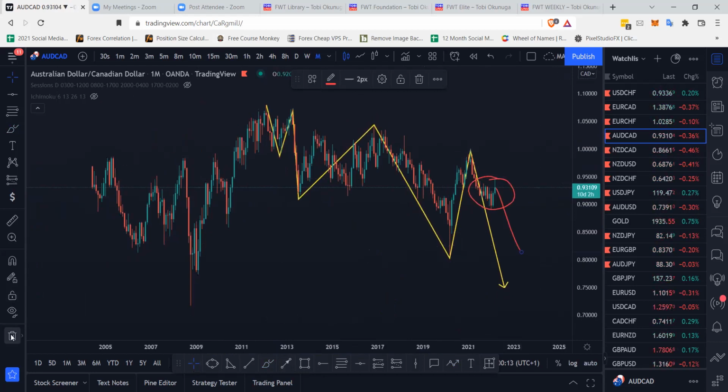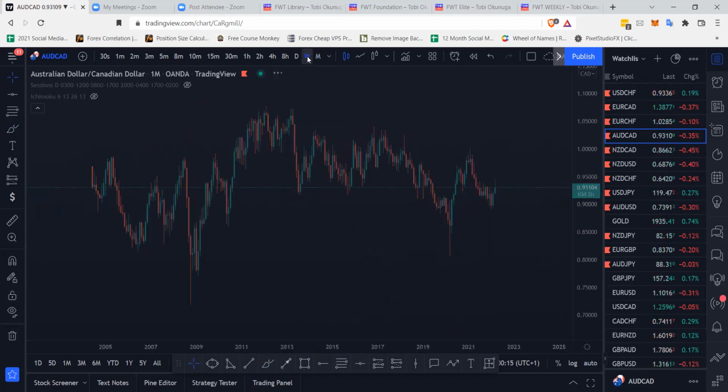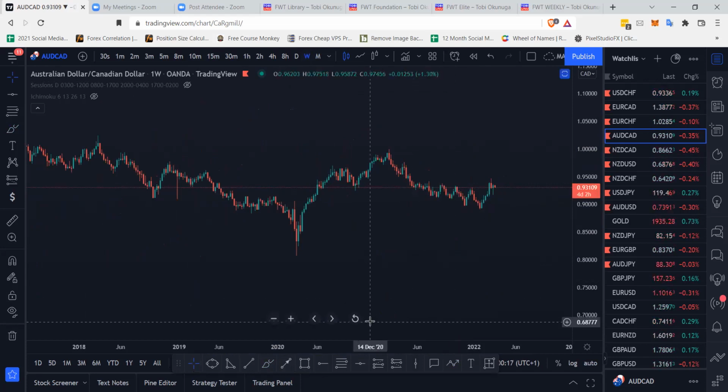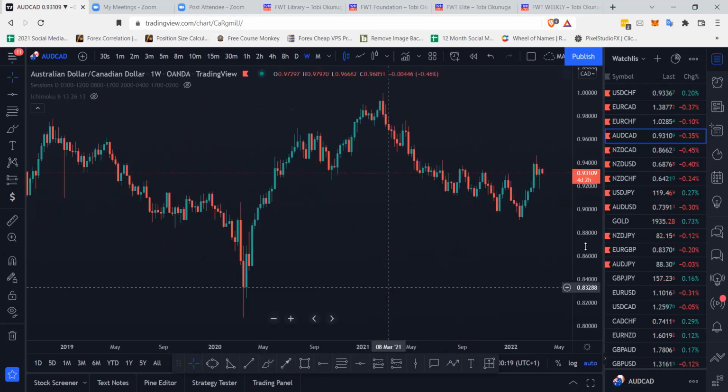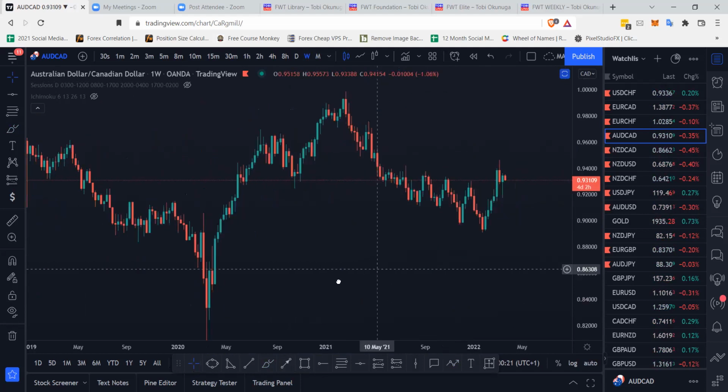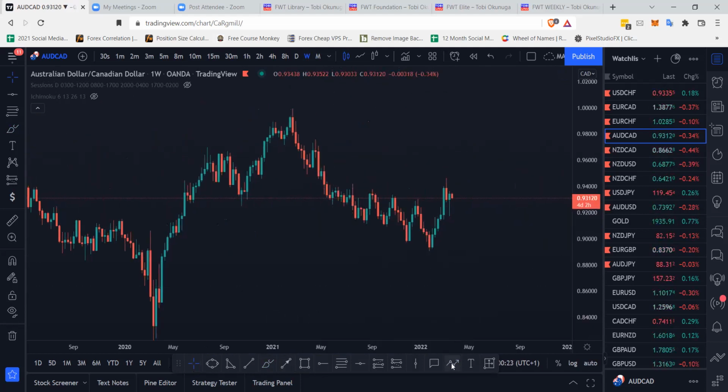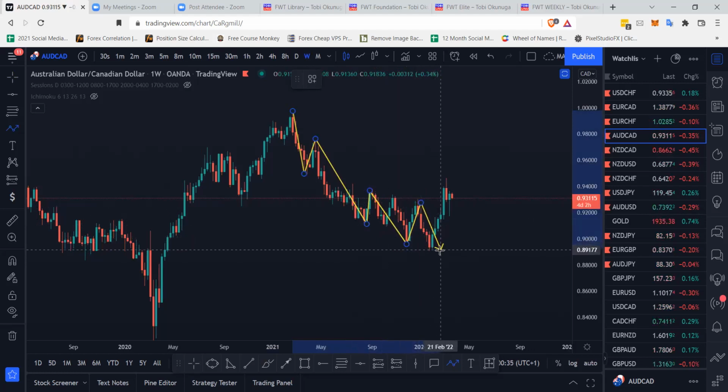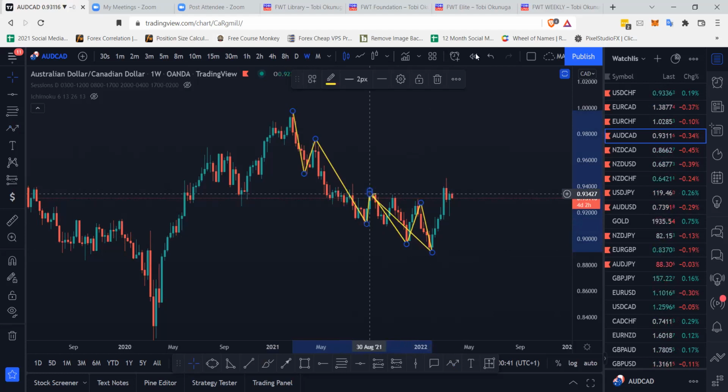Now let's erase that. Let's go to weekly. Impulse. Okay, price is at this supply.